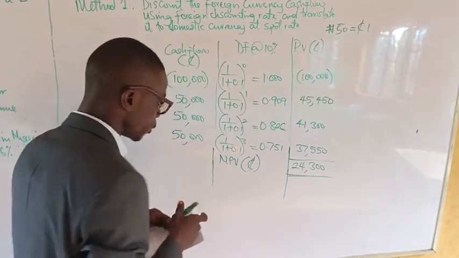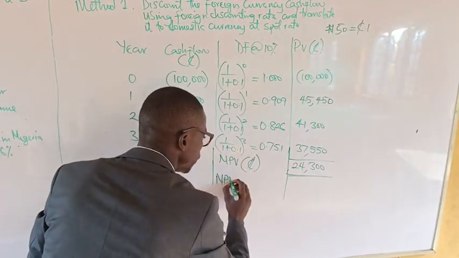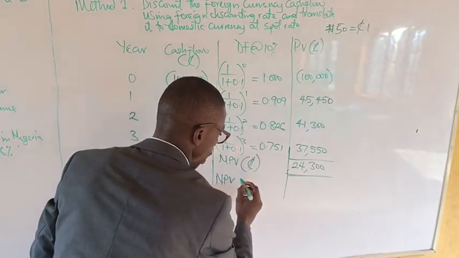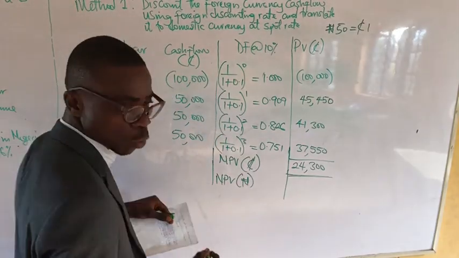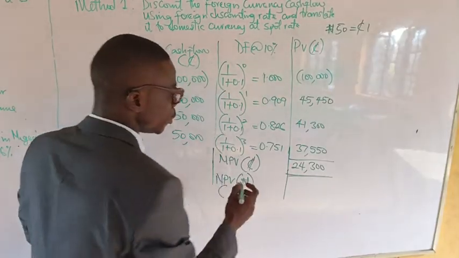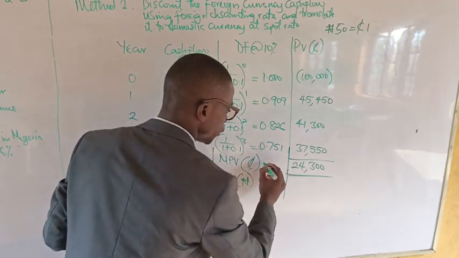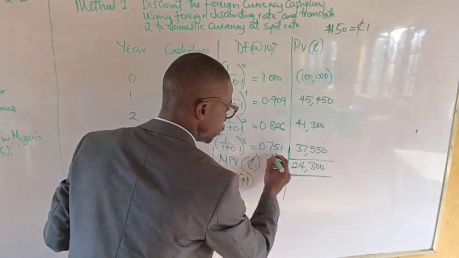So look at it now. So this is cedis. That means to calculate the NPV now, are we together? The Naira NPV. Let's say this one is A. Am I communicating?